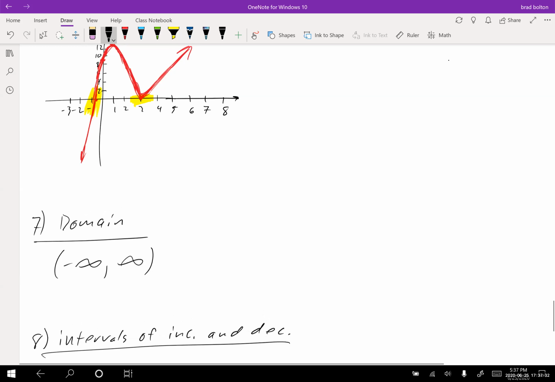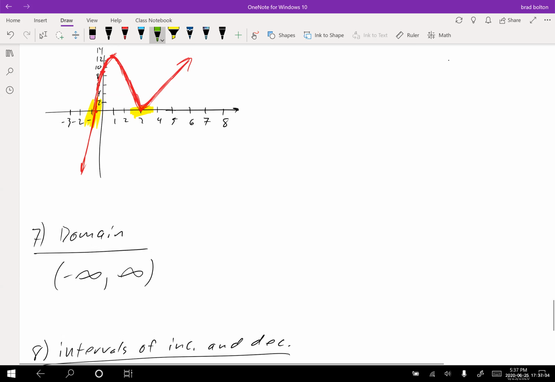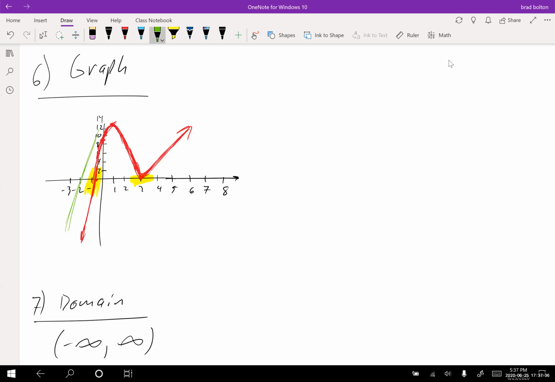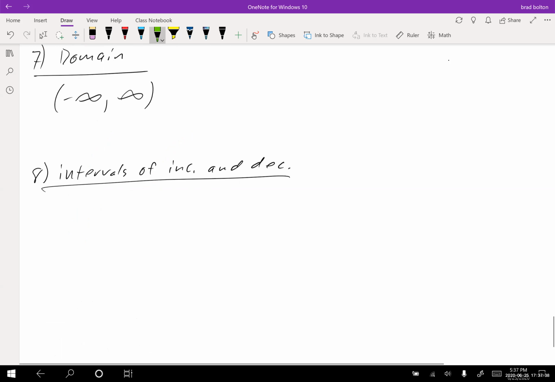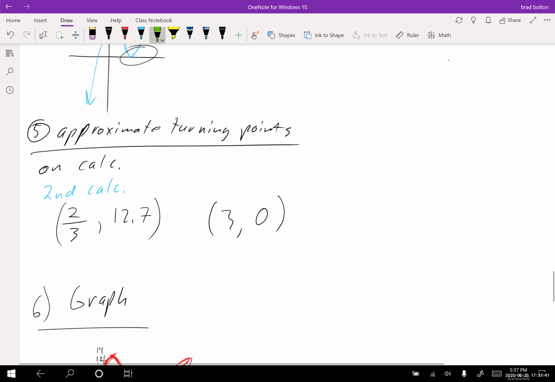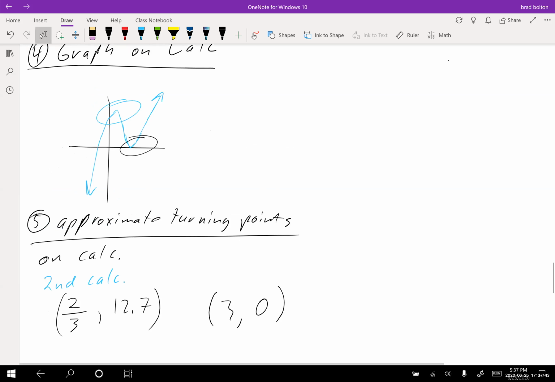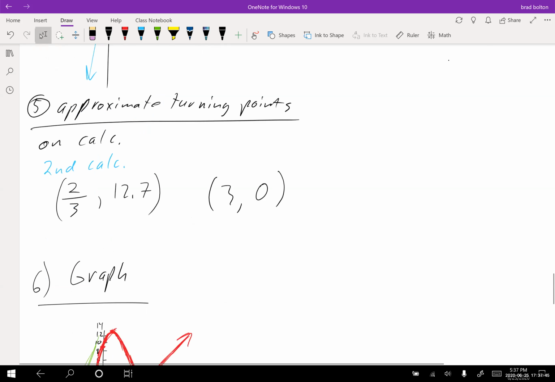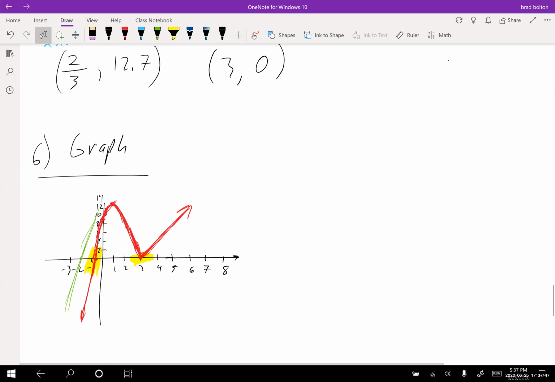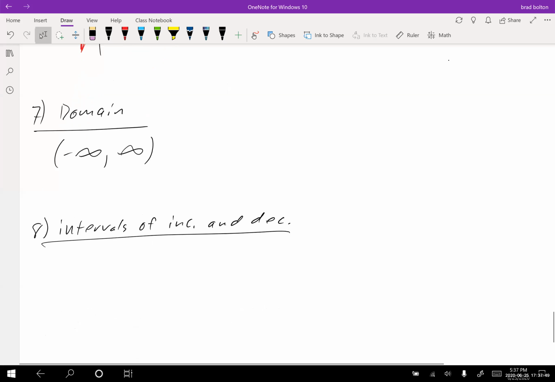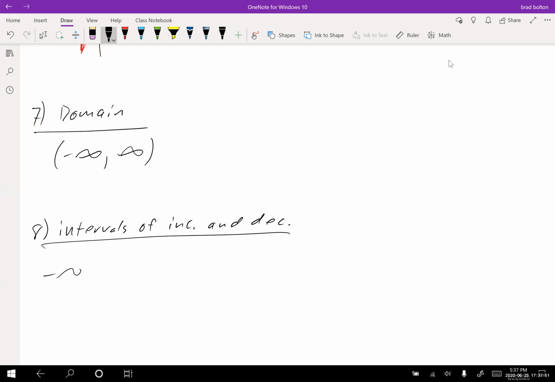Intervals of increasing and decreasing. Well, I know that it's increasing from here to here, right? All the way up to my turning point. And for that turning point, let's do it from the x values. So that turning point was 2/3. So let's say that from negative infinity to 2/3, it was increasing.